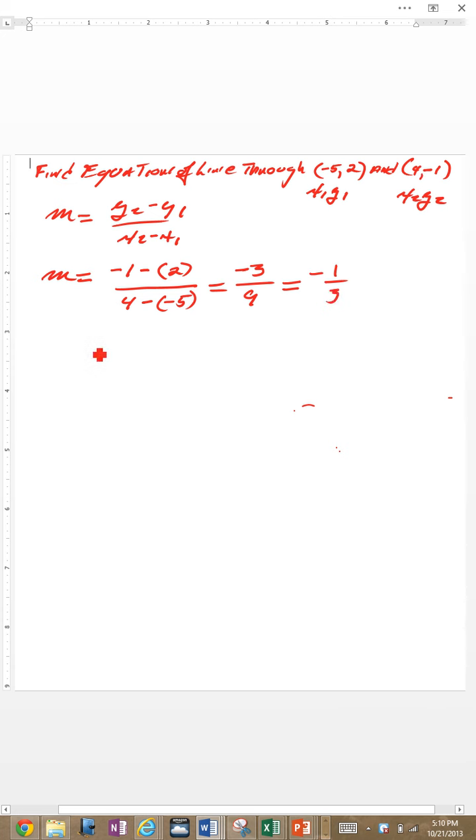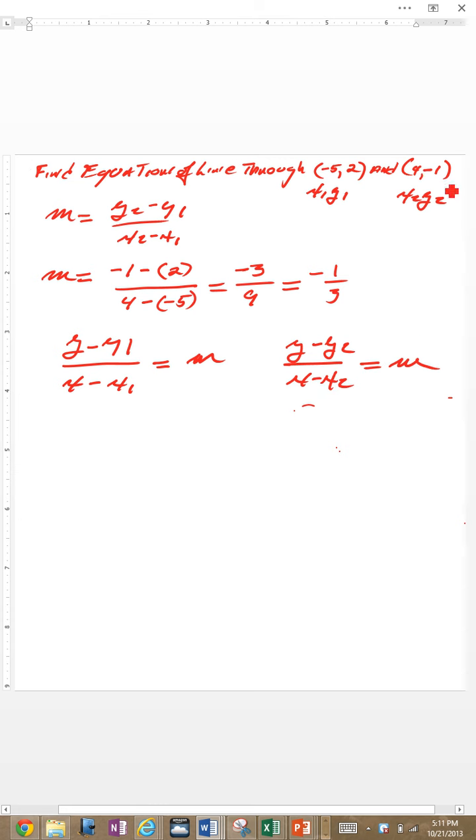Next thing we do is we go to this point. We say, okay, y minus our y1 over x minus our x1 is equal to the slope that we just found. Or if you prefer, you could say y minus your y2 over your x minus your x2 equals the slope that we just found.